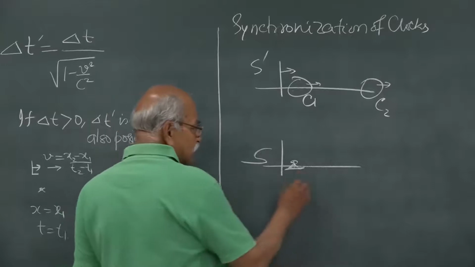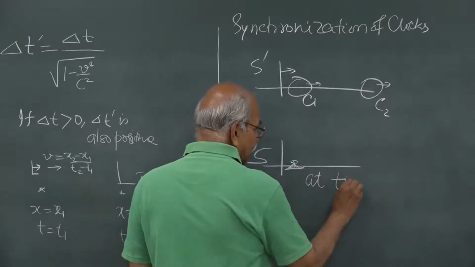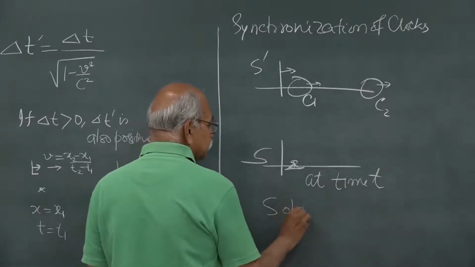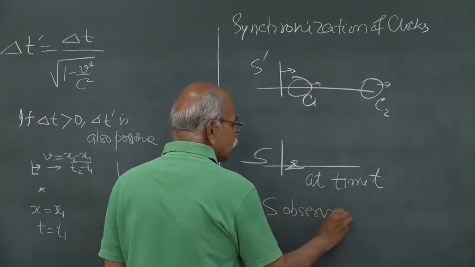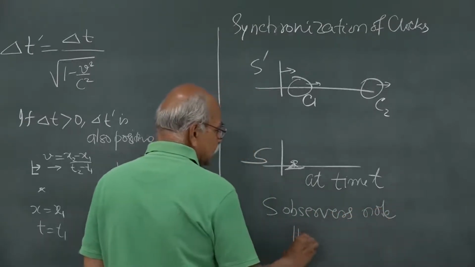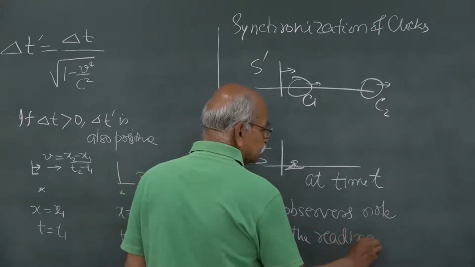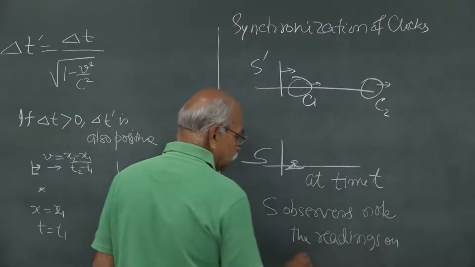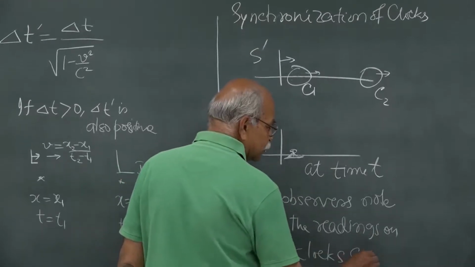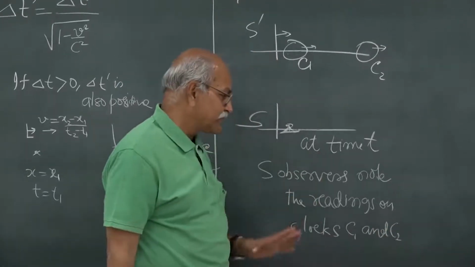So, suppose at time t, the S observers note the readings on clocks C1 and C2. See that these are two events.